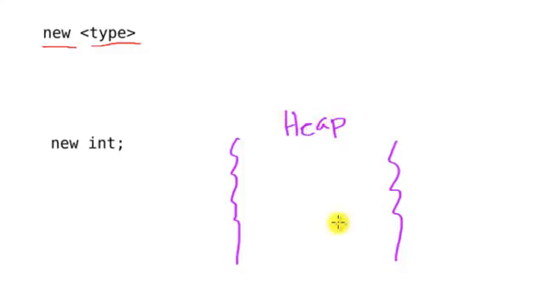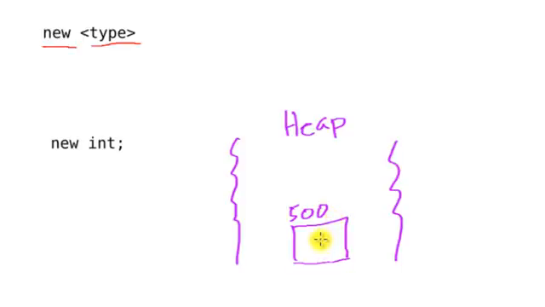What happens is we get space allocated on the heap, which I'll draw here in purple, for an int. Now in terms of how much space that may be, it really depends. Different compilers and different processors would specify a different amount for an int. In a lot of systems it would be 4 bytes. And we'll say that this particular int was allocated at address 500.